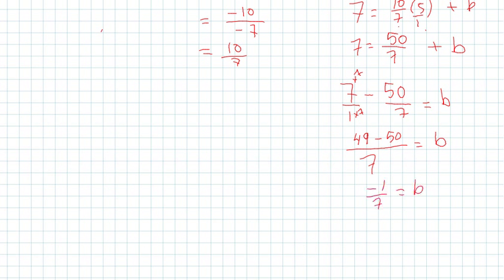I'm telling you, this is the hardest it can get for this type of question. So now my equation is y equals 10 over 7 x minus 1 over 7. That's the equation.